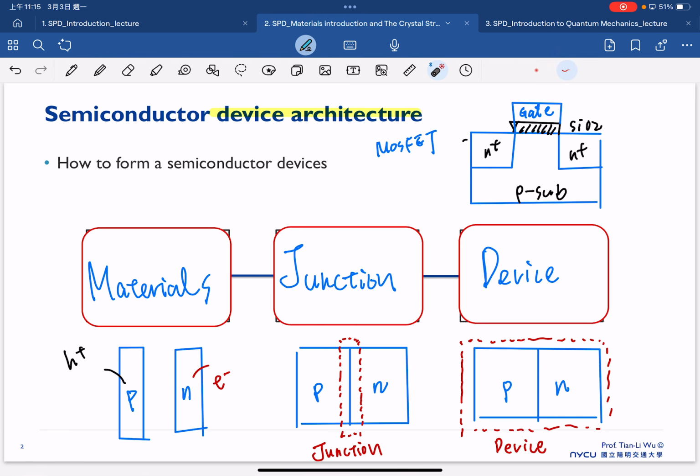Because if you try to look at this schematic in detail, you will find out that this is actually one place where we start to have the N and P material.